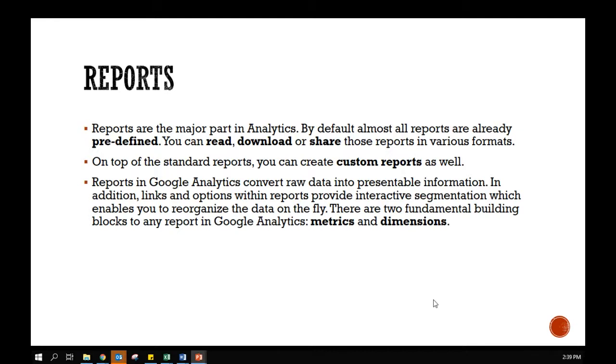So they will know this particular campaign is doing well as compared to the other campaign. So they can make comparisons and make informed decisions on the next step based on the reports.